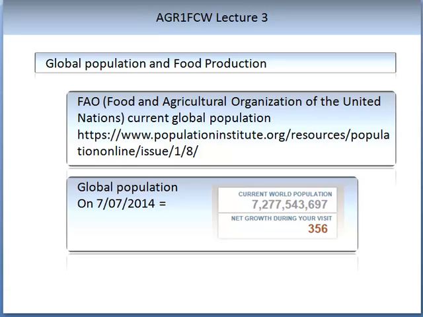When you get a moment, please visit this, as it's quite an experience to watch the population increasing as you're watching and reading the site. You will note, when I last looked at this page on the 7th of July this year, the population was about 7.277 billion people.